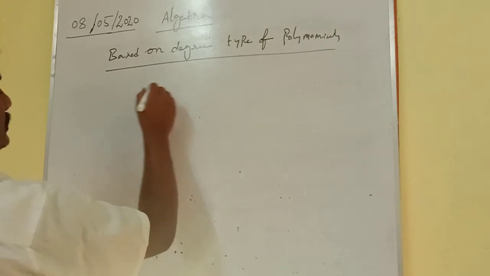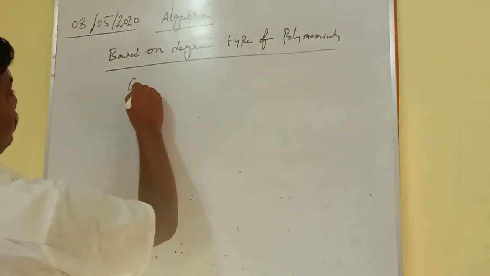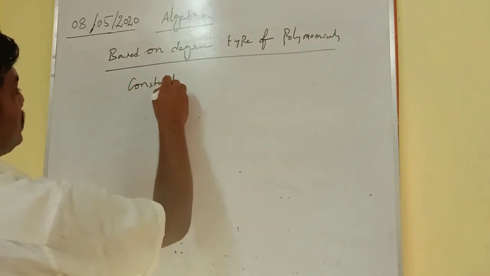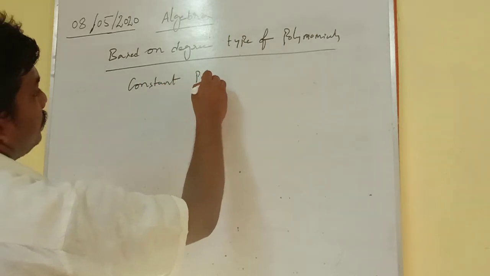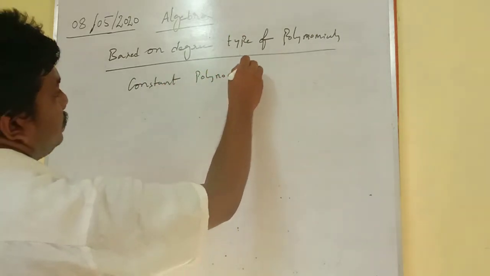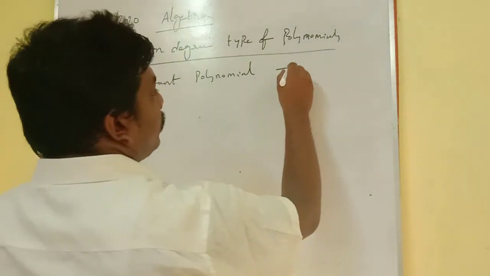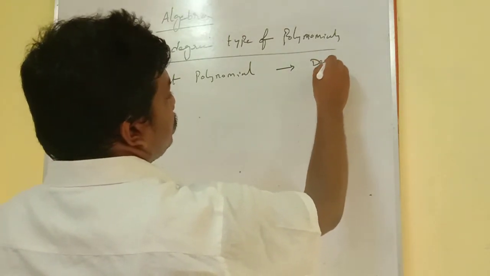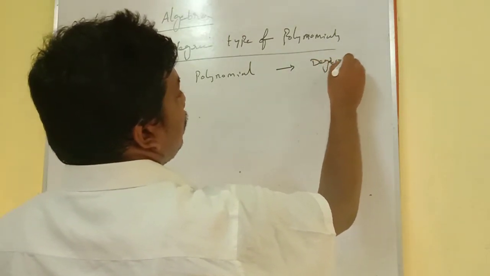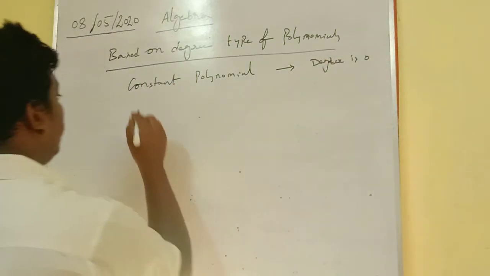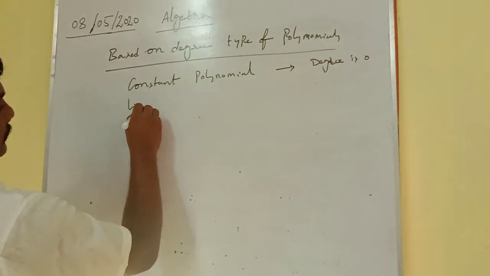Degree 0 is a constant polynomial, whose degree is 0. Next, linear polynomial.